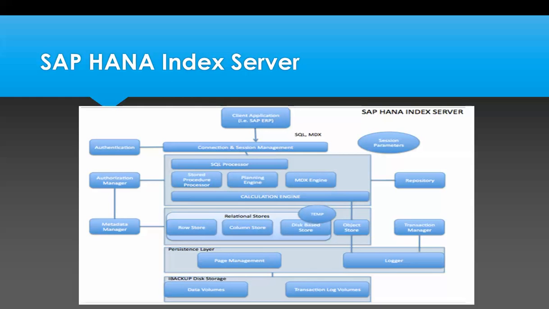Then we have the SQL processor. The SQL processor segments data queries and directs them to specialty query processing engines for optimized performance. As there are many different kinds of engines you can see on your screen. We have the stored procedure engine, we have planning engine, we have MDX engine, and then we have the calculation engine.